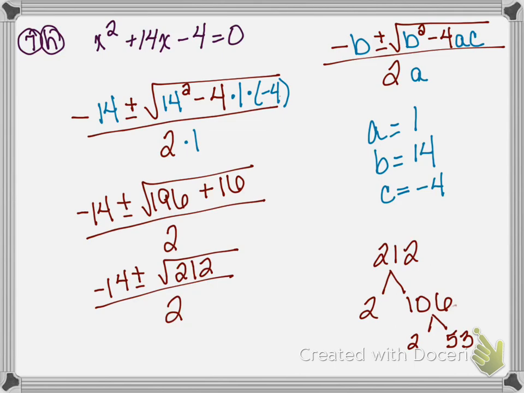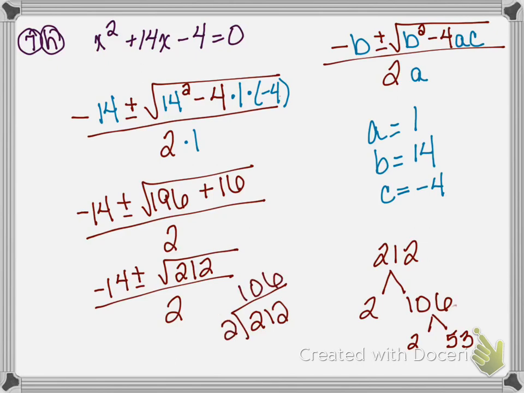I hope I haven't made another mistake. Just bear with me for just 1 second. I need to make sure I have the problem written down correctly. Okay. So 212 divided by 2 is going to be 106.